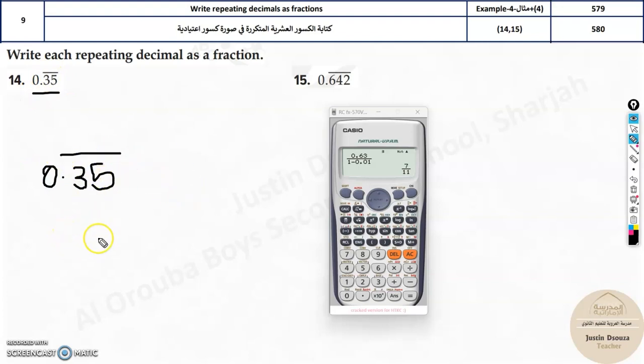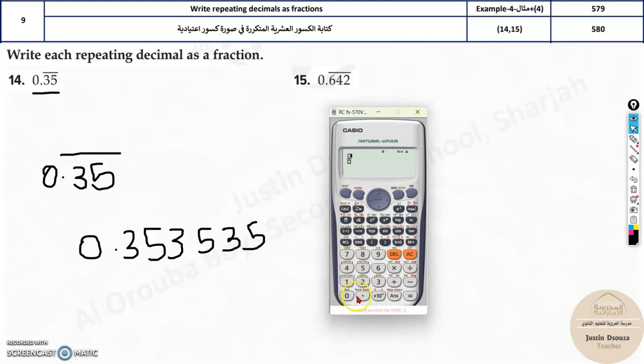So what you do is take the repeating part, two digits, 35, and just divide it by 99, 1 less than 100. So that is the answer, basically. That's it. So it is 35 by 99 over here.